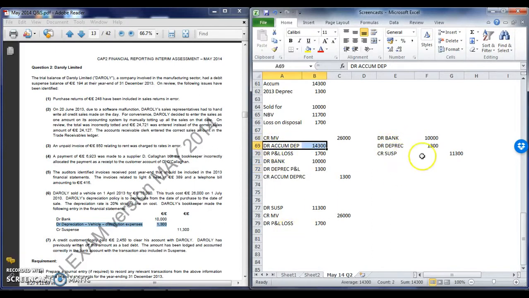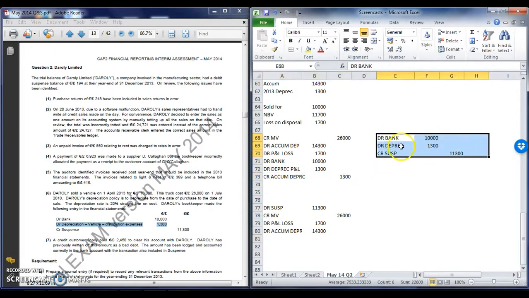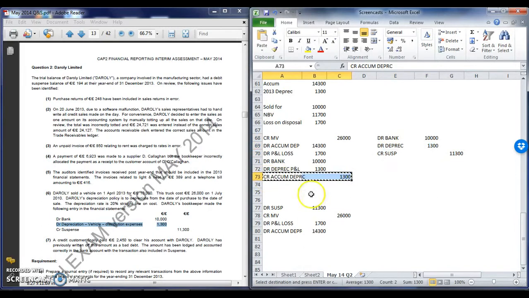Accumulated depreciation wasn't stripped out here, so we need to debit accumulated depreciation 14,300, and the final item that's not accounted for is accumulated depreciation in the current year. So they charge depreciation but they don't put it into accumulated depreciation, so we can bring that down and drop it in. So you'll notice then we have 27,300 on the left side and 27,300 on the right.